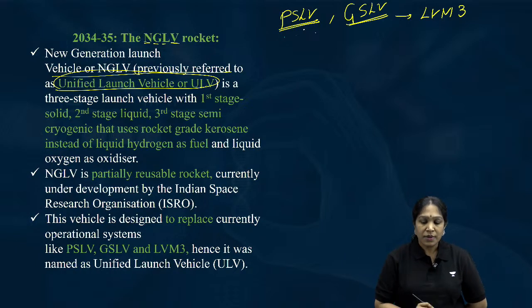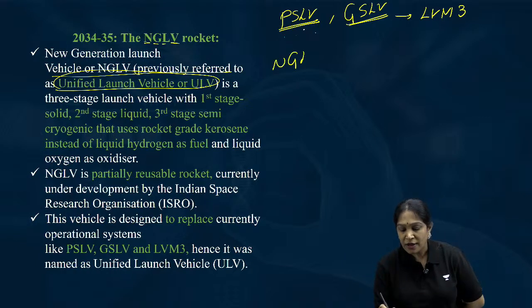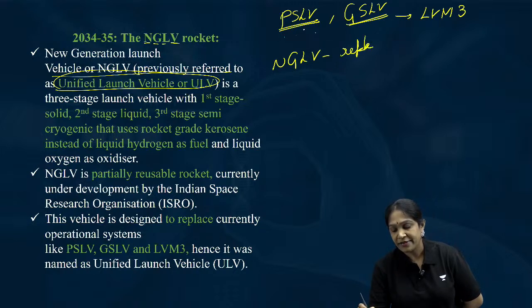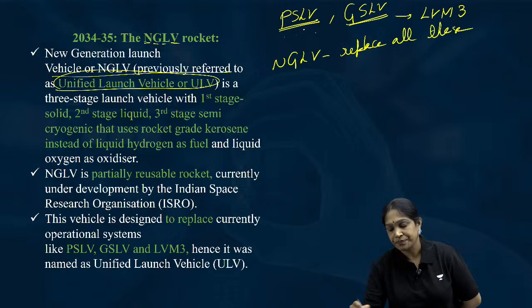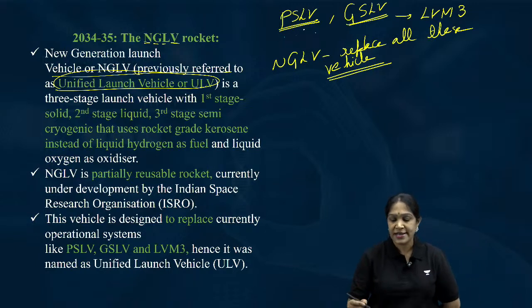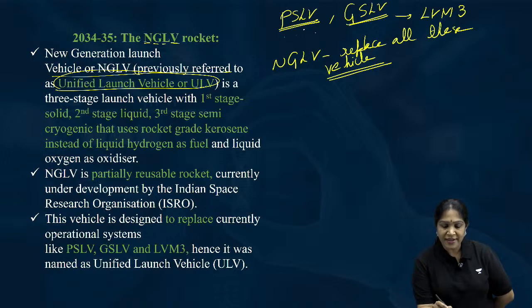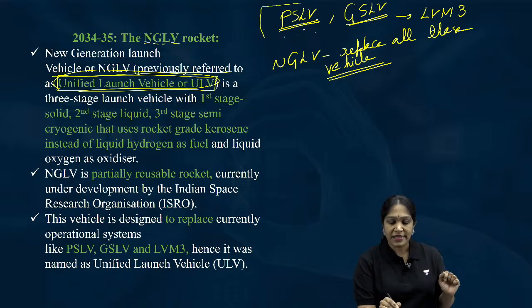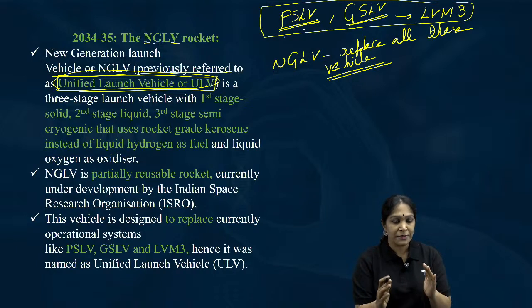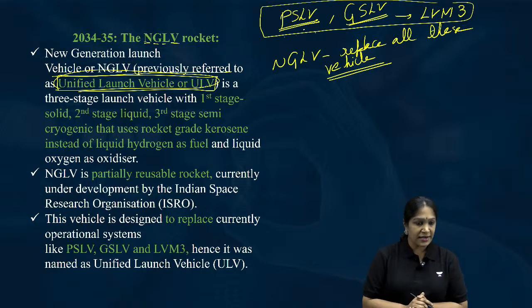But now the New Generation Launch Vehicle will replace all these vehicles. Is it clear? Why is the New Generation Launch Vehicle called the Unified Launch Vehicle? Because it is a unified set of all these vehicles. All the vehicles will be replaced by NGLV.